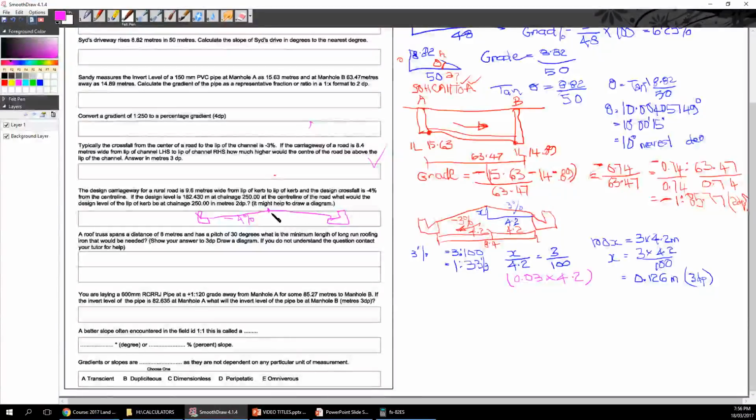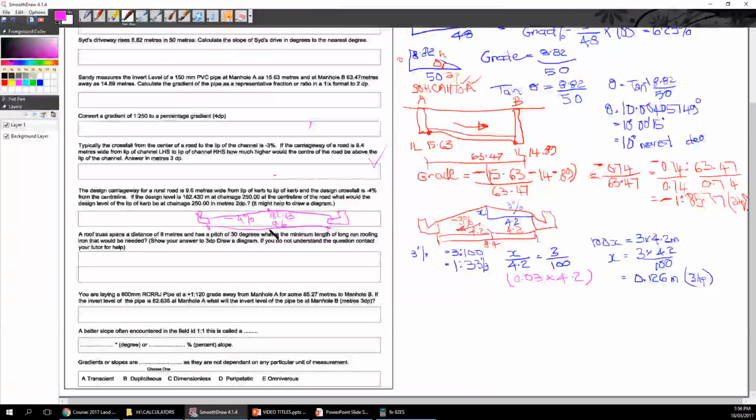is 182.43, so that's just a level like so, 182.43, -4%, and 9.6 from there to there, 9.6.